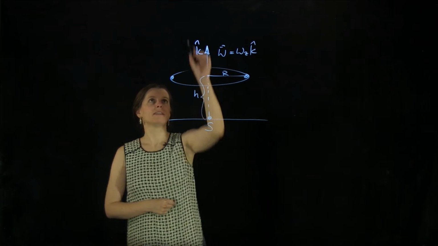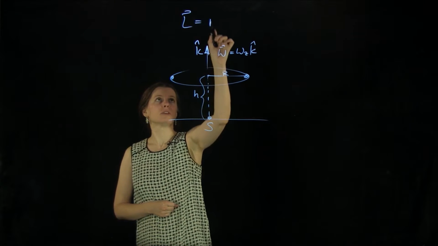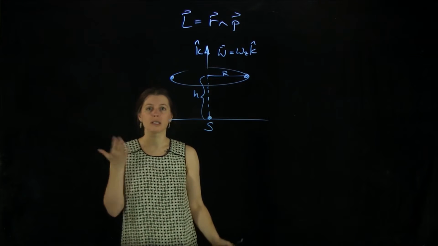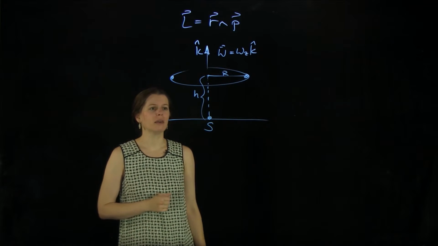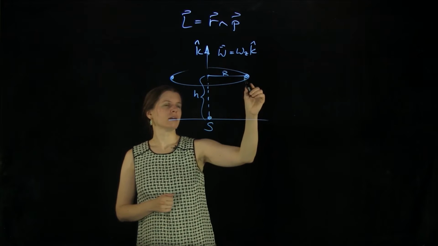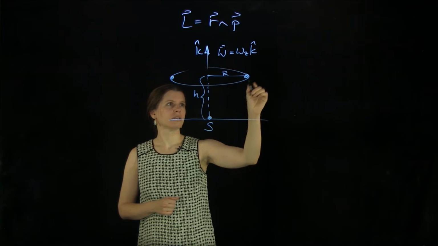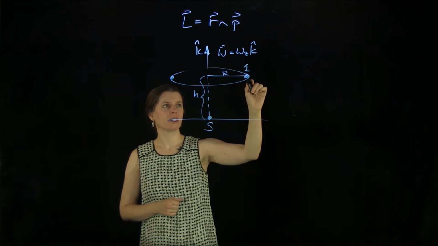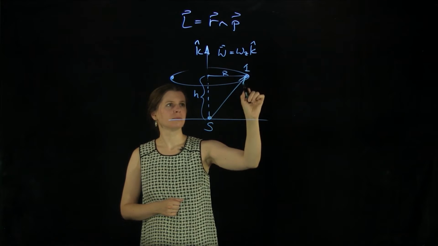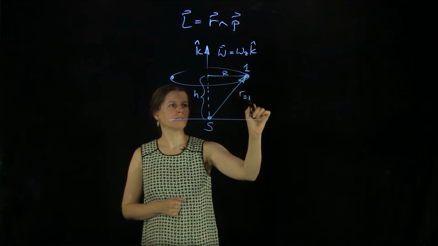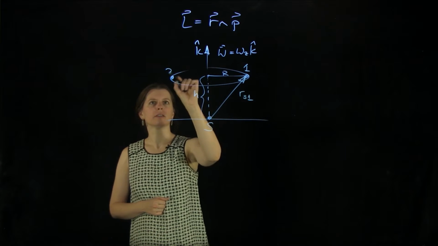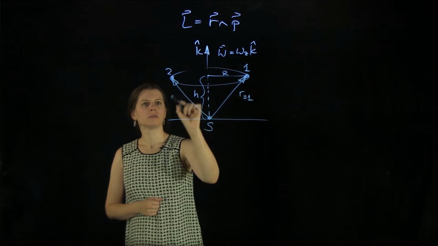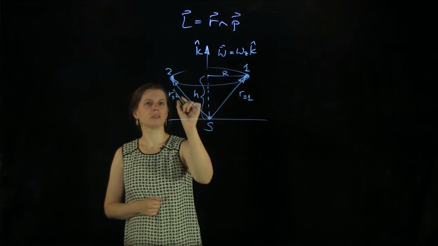So we know that L equals r cross p. We need to determine where is r and what's going on with p. Our r vector goes from point S to our first particle, rS1, and here's number 2, and we have rS2 sitting over here.